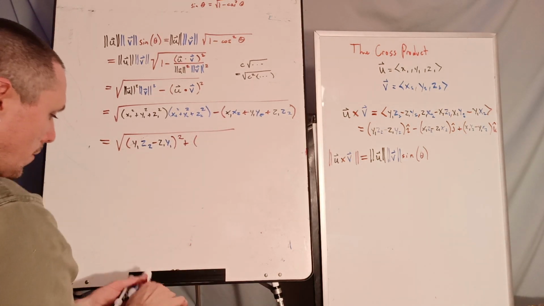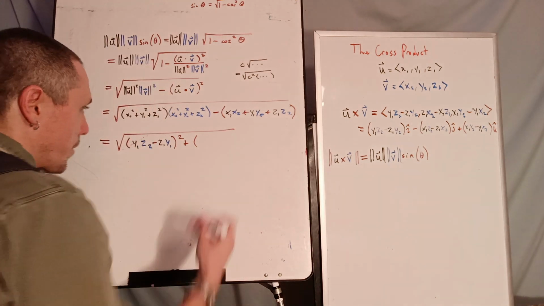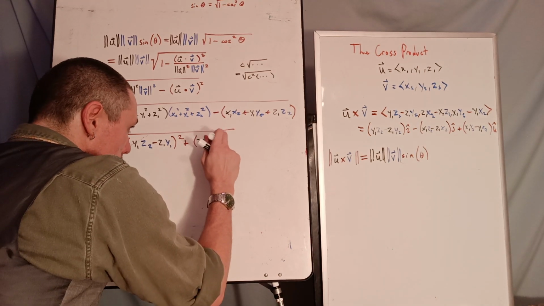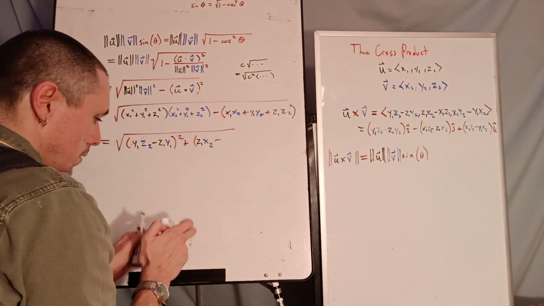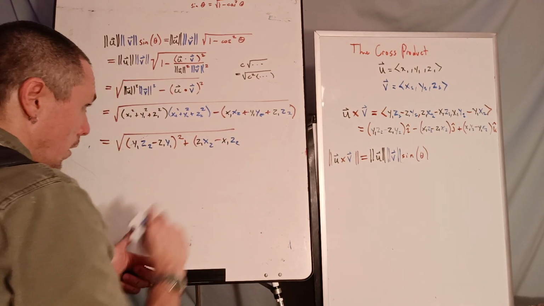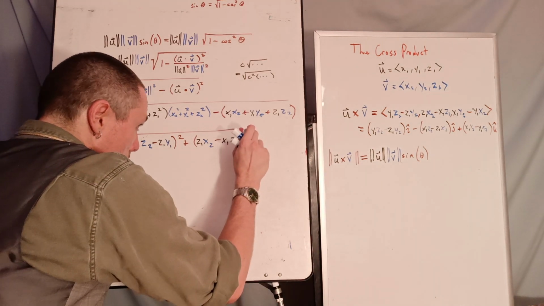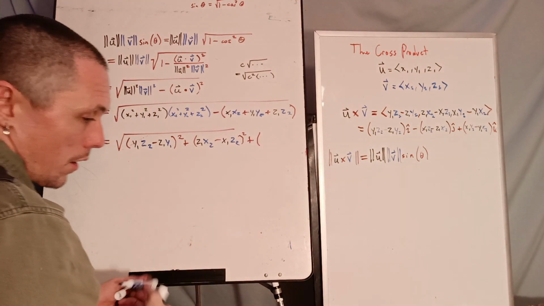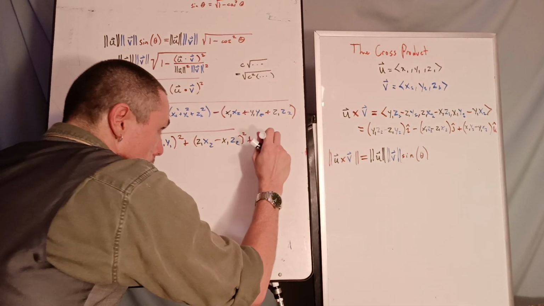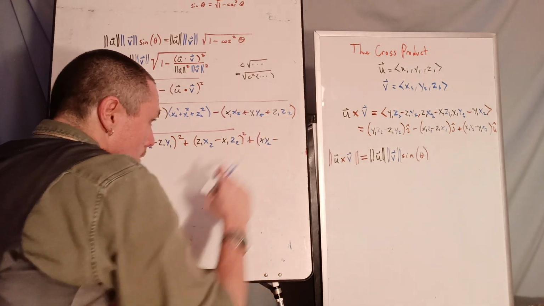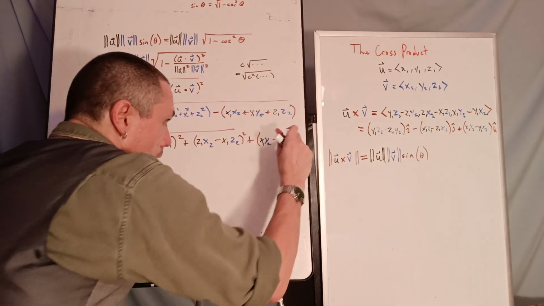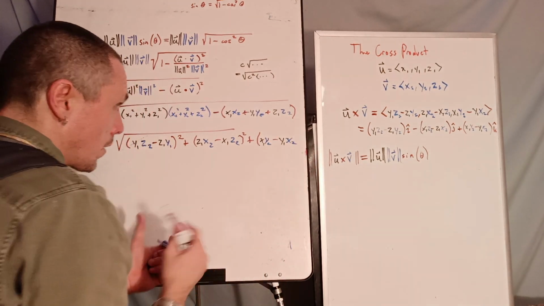Plus, and I think you probably see where this is going, z1 x2 minus x1 z2 squared plus x1 y2 minus, oops, I forgot my 1, y1 x2 squared.